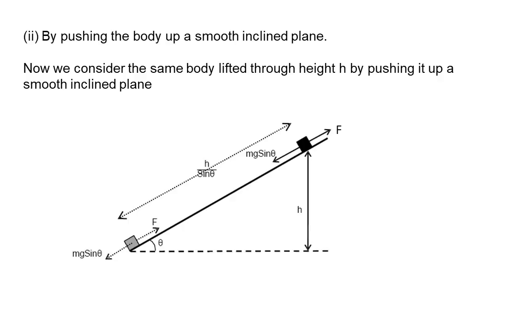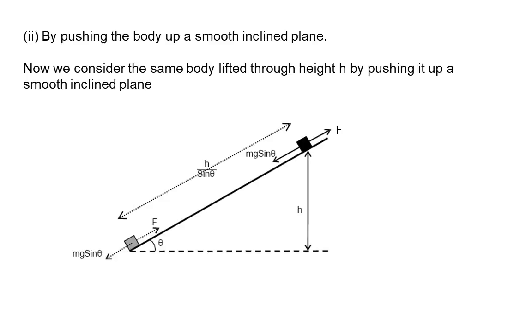As you are pushing it up over a smooth inclined plane, you are applying force F. The weight's component mg cos theta will act perpendicular to the plane, and mg sin theta will act along the smooth inclined plane, which is inclined at an angle theta with respect to the horizontal.